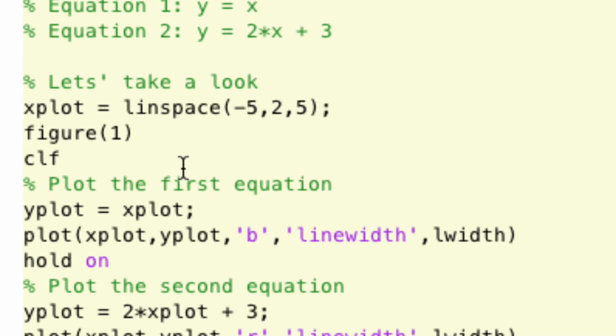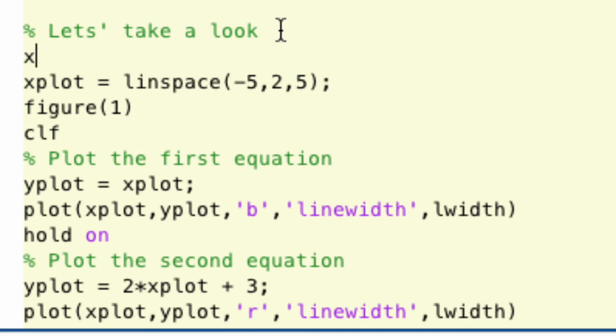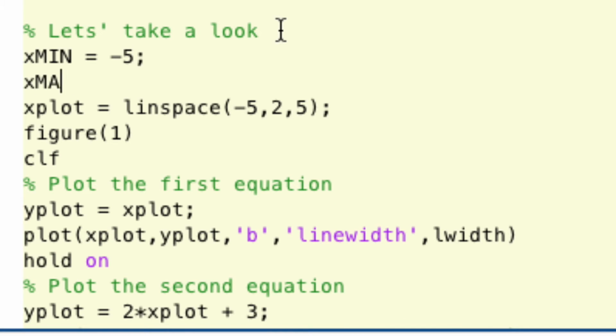Now, actually, I think we are not plotting for negative enough argument points, so let's change that. Let's put it this way: xmin is -5, xmax is, let's say, 2.